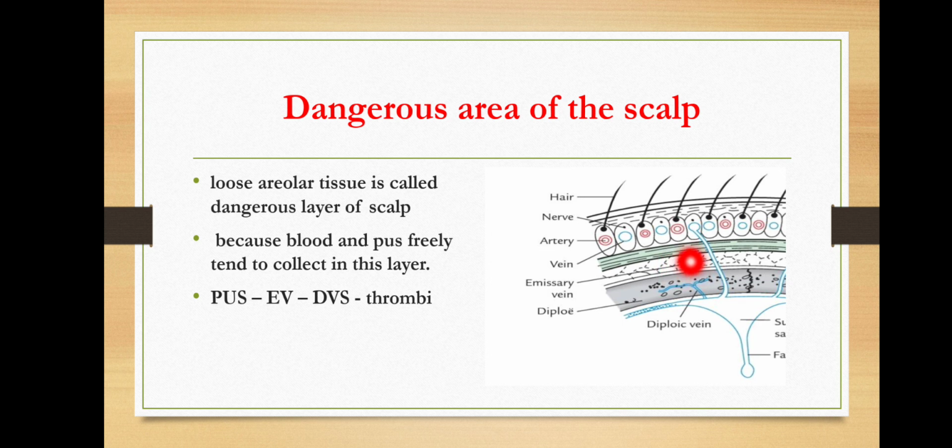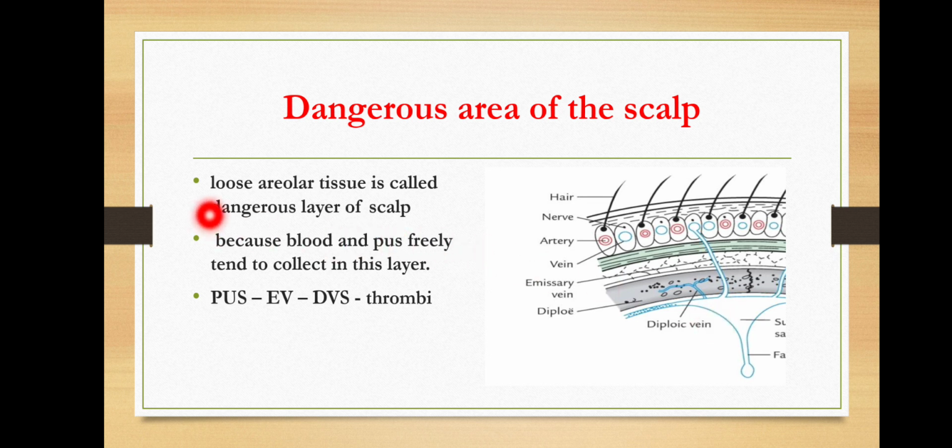I repeat, the loose areolar tissue will contain emissary veins. So, when there is any blood accumulation, when there is an abscess, when there is a pus accumulation, through these emissary veins the pus or the blood will collect in the dural venous sinuses and lead to formation of thrombi.